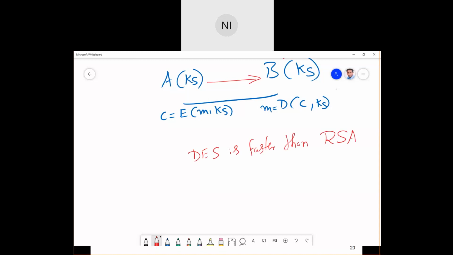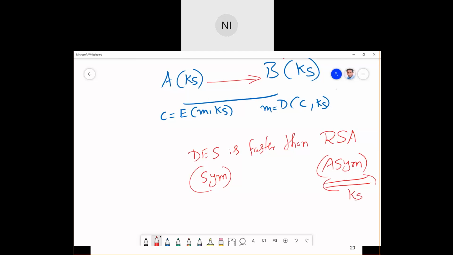In other words, the point I was trying to make is that symmetric key based encryption and decryption are faster compared to asymmetric key based encryption and decryption. Because of this, we use asymmetric keys only when absolutely necessary for exchanging the session keys.